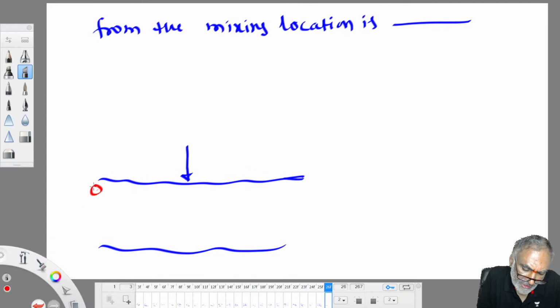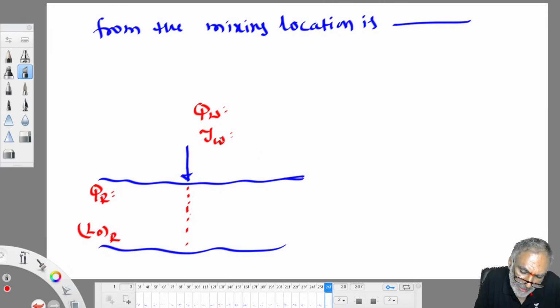All should be in same unit system. So Q river is given and ultimate BOD of river water is given, and Q wastewater is given and 5-day BOD of wastewater is given. So if you mix, it is neither Y mix nor L naught mix. Therefore, either you have to convert YW into L naught W or L naught river into Y. But anyway, let us work out in terms of ultimate BOD because BOD remaining is asked.